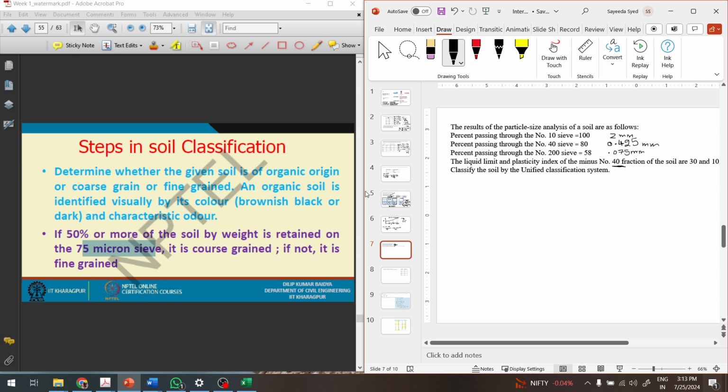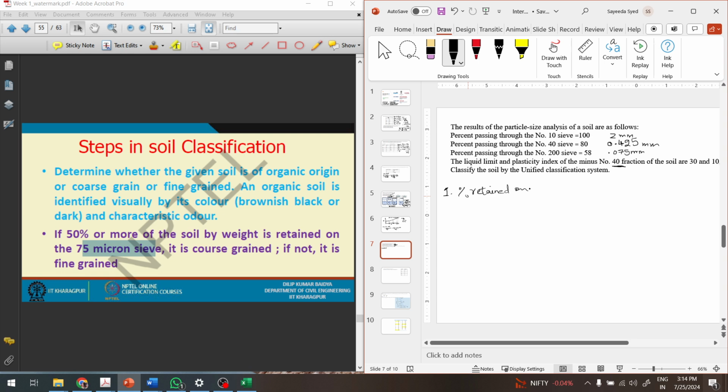So number one criteria, percentage retained. This is percentage passing.